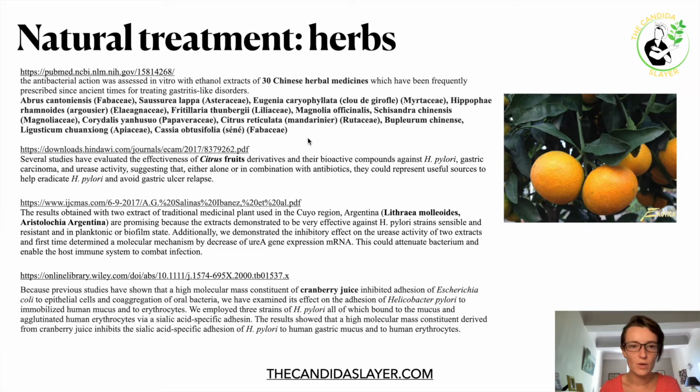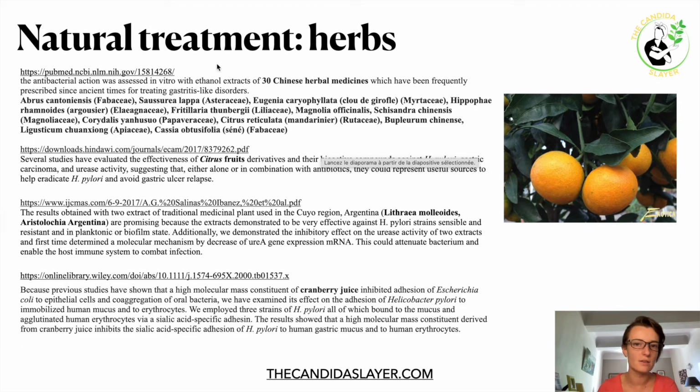But the ones that we have heard about, at least, are this one, Eugenia caryophyllata, it's cloves. This one here is sea buckthorn, and this one is sana. Okay, so these ones we know in Europe, but the other ones not so much.